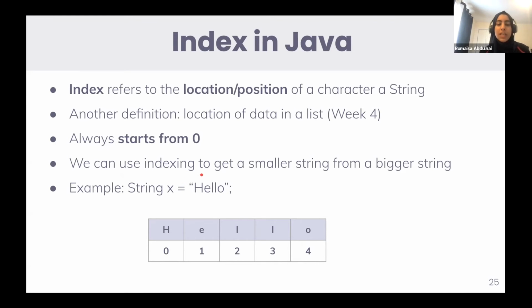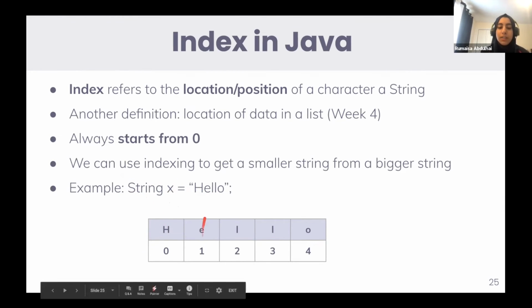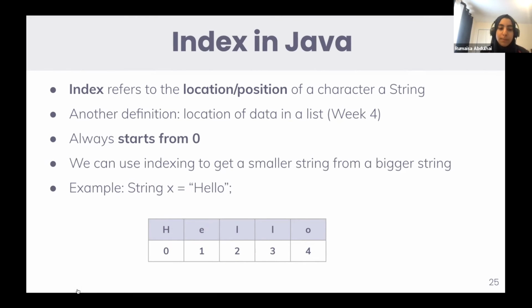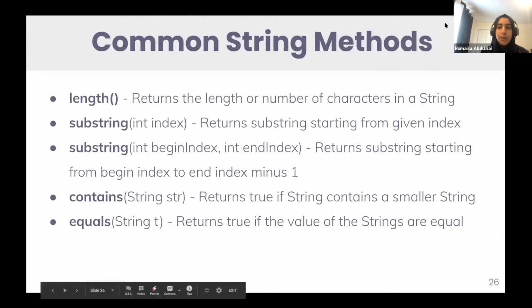So we can use indexing to get a smaller string from a bigger string, and we'll look at this when we take a look at one of the string methods, which is called substring. So yeah, we went over this example, string x equals hello, and this is how the indexes would look like for each character. So these are some common string methods. We've already used some of them, like length.